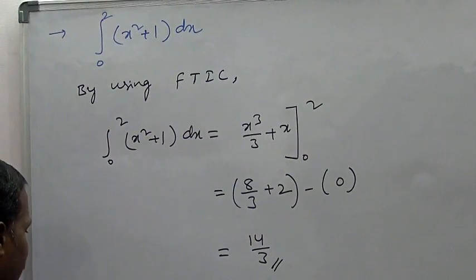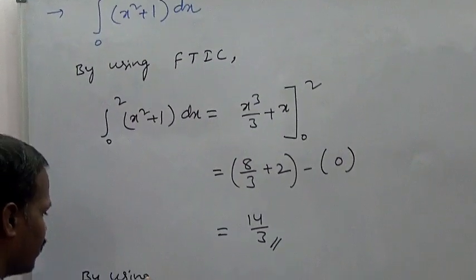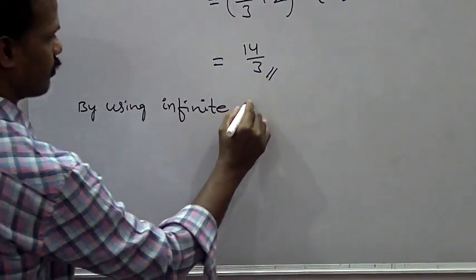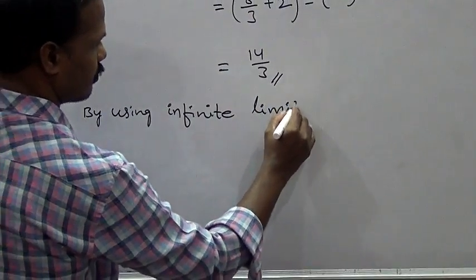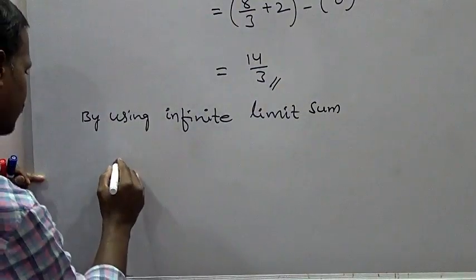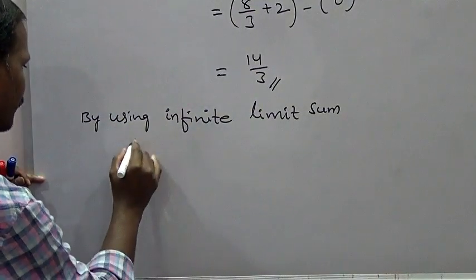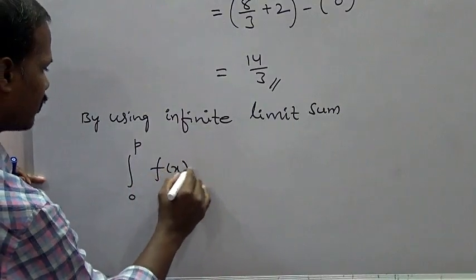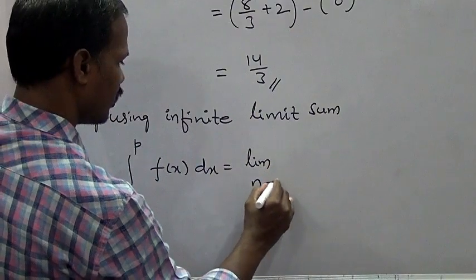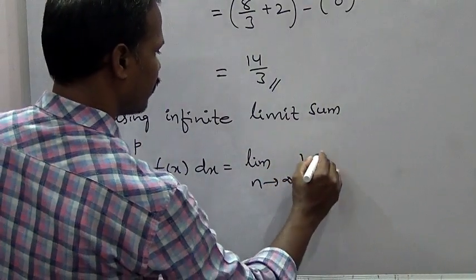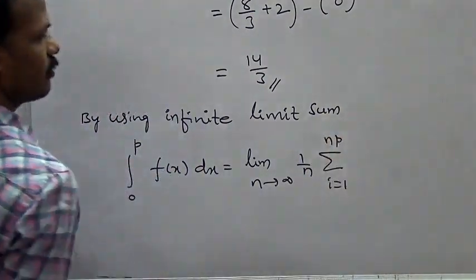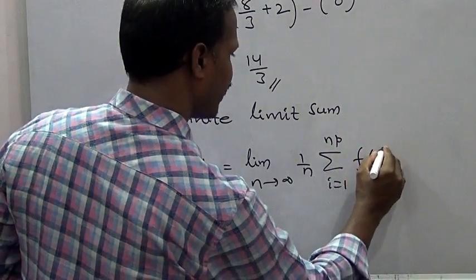The integral from 0 to 2 is of the form integral from 0 to p of f of x dx, which equals the limit as n tends to infinity of 1 by n times the summation from i equal to 1 to np of f of i by n.